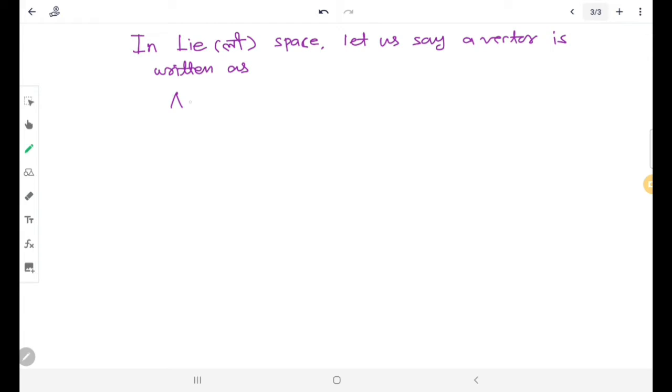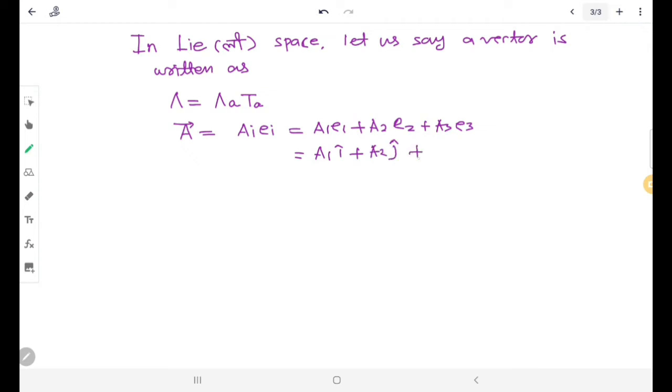Okay, so this simply means it has some components and some basis components. This is an expansion of a vector in terms of the basis components, just like we have for a vector in three-dimensional space, you remember. We write it as ai and ei, so this is a1 e1, a2 e2 and a3 e3, and e1, e2, e3 are the basis vectors. Usually we write a1 i, a2 j and a3 k.